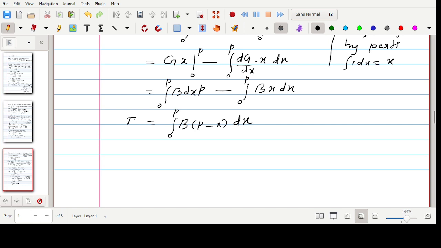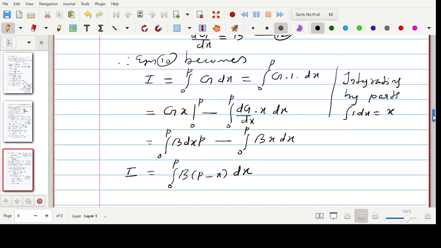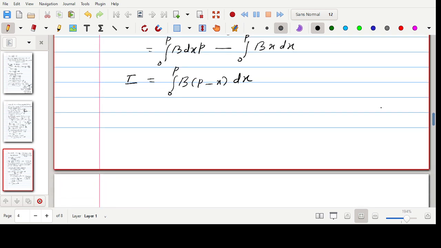So this double integral I can write in this form. This is equation 12 and this one is equation 13.